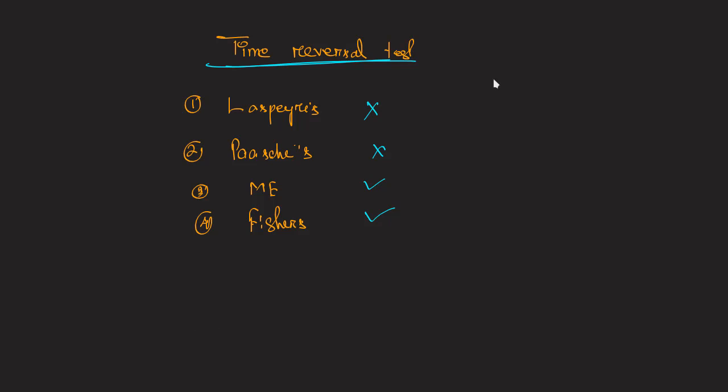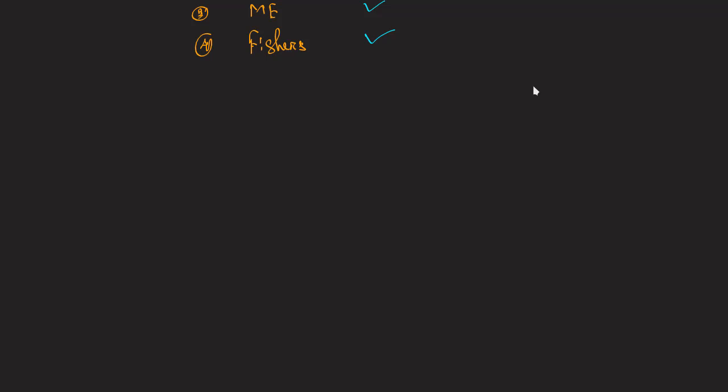Next we will study the factor reversal test, and we will see which ones satisfy and which ones do not. The factor reversal test is that P01 into Q01 should give us V01, right?